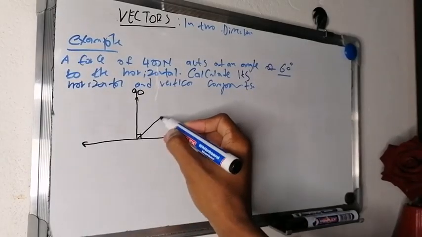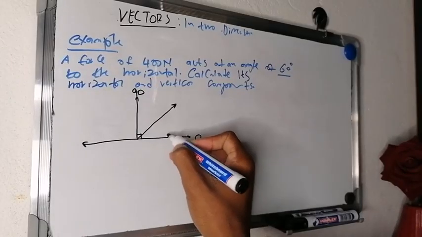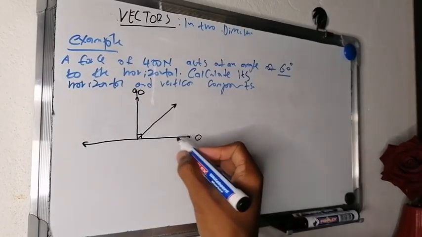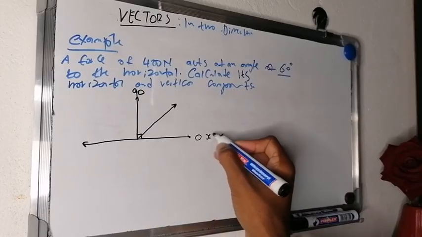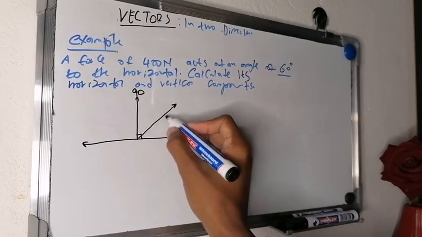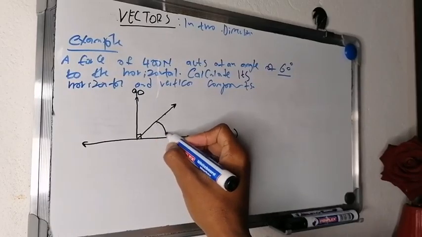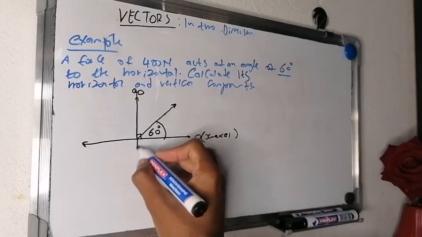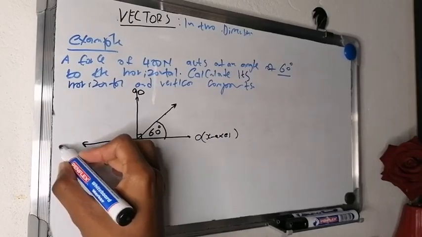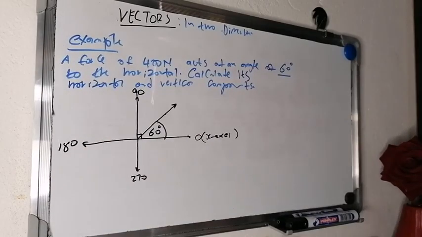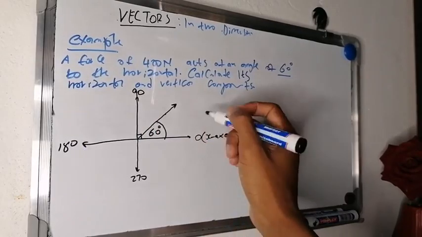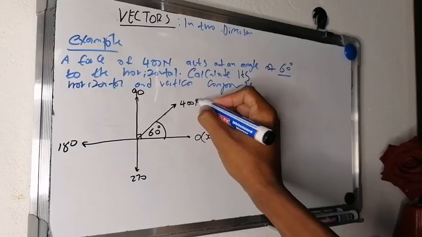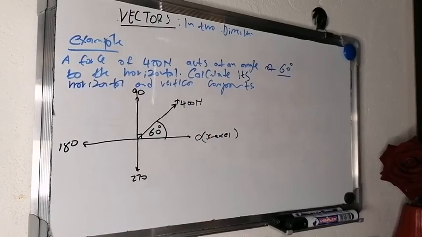You can draw that line over here, and that angle will be formed by the x-axis and the force itself, meaning you will have 60 degrees right over here. This will be your 270, this will be your 180, and it is pointing to the right. That means our 400 Newton is a positive force because it's going to the right.